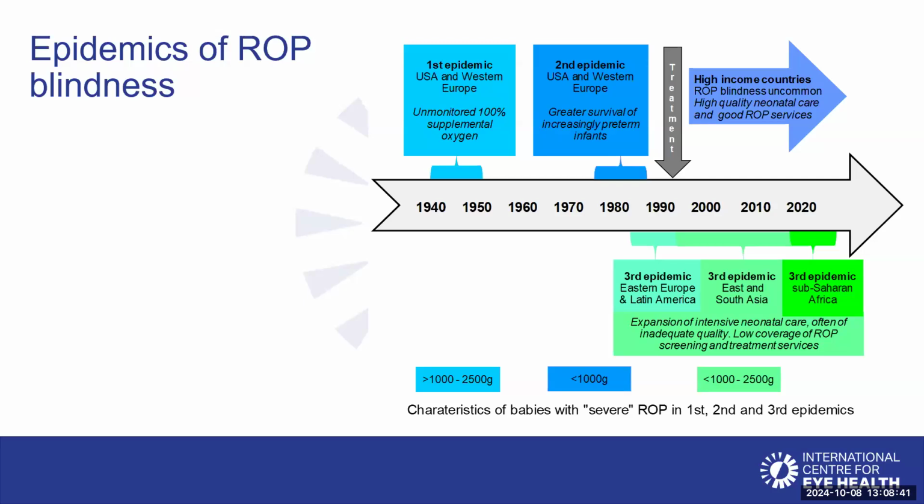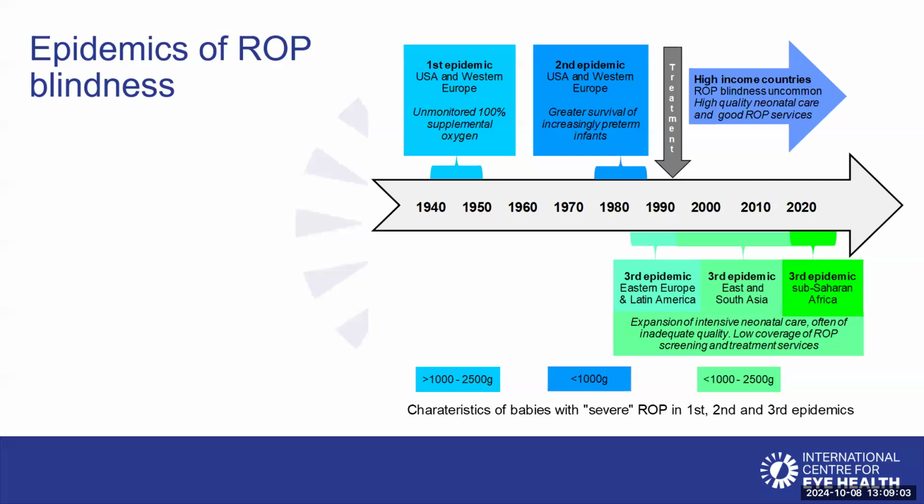Then oxygen was used more carefully, and everyone thought that that was a disaster that had passed. But then as increasingly preterm babies started to survive, they started to develop blindness from ROP. So that was a second epidemic in around the 1980s in high-income countries.